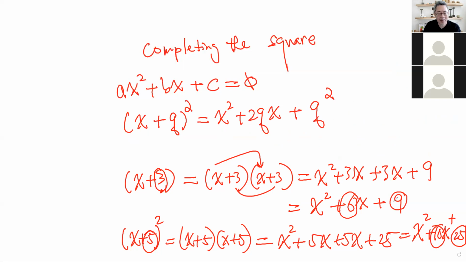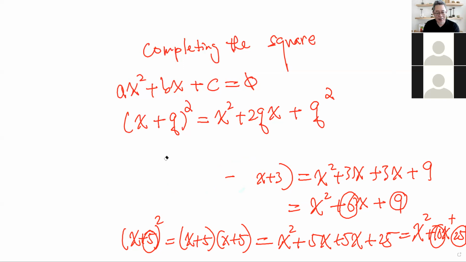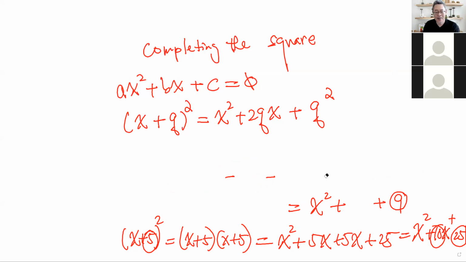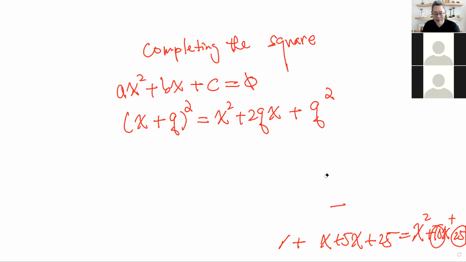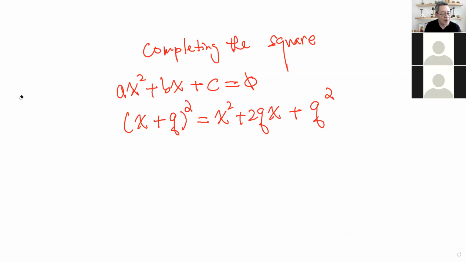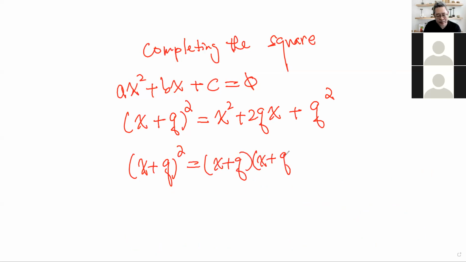Are we good here? I've understood you up until this part. Well, this basically generalizes what we did from 2, 3, and 5. And we can actually work this out by itself. We got x plus q squared, that equals x plus q times x plus q.